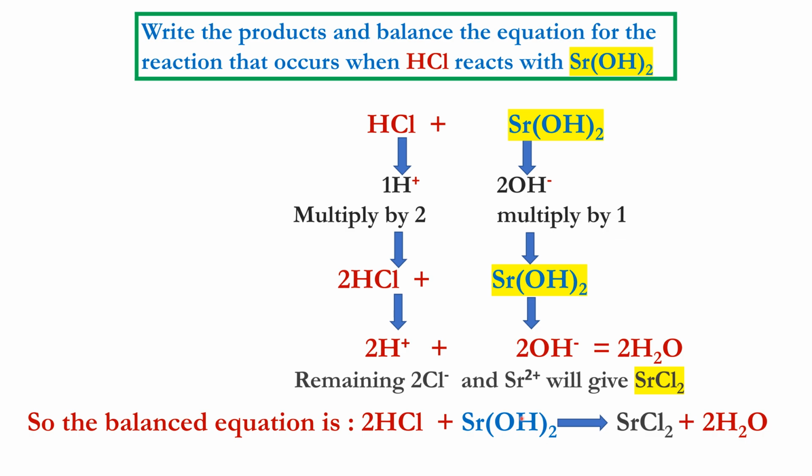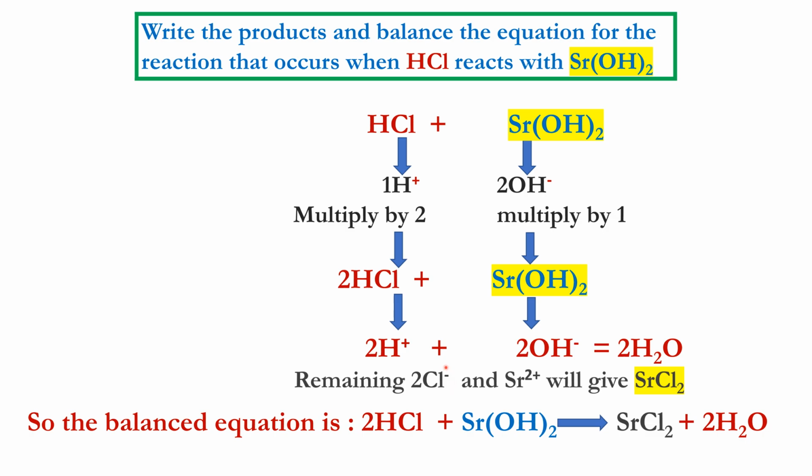So 2Cl minus, because we have already taken care of these 2H, so 2 Cl remain, and strontium, because we have already taken care of the OH ions. If we combine 2Cl minus and strontium 2 plus, it will give us SrCl2. We put this 2 because we have 2Cl minus.